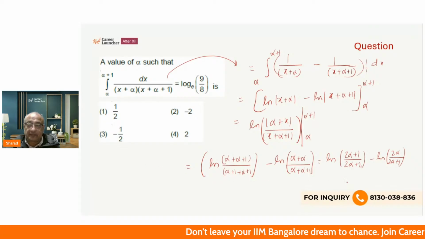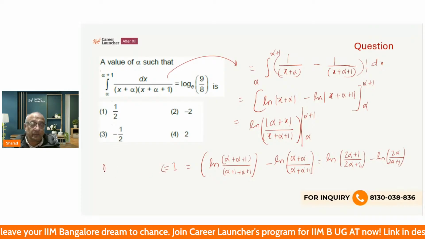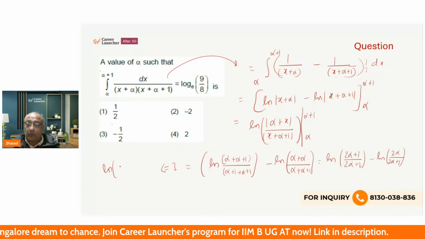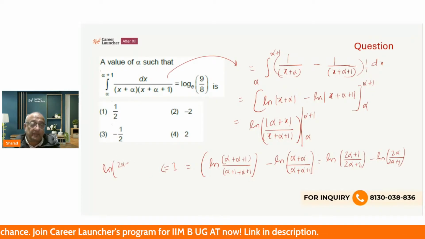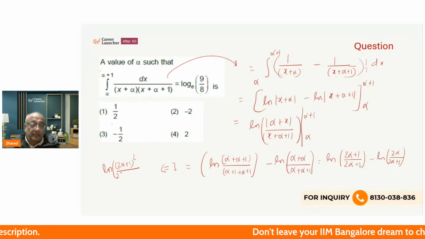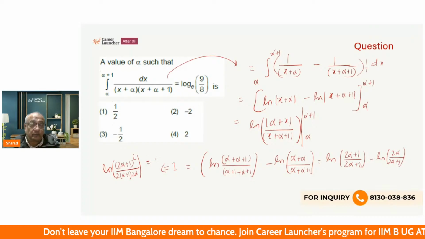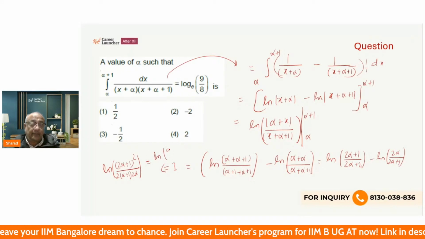If I solve it using the log property, I will get I equal to ln of (2 alpha plus 1) whole square over, and I'll get this value over here, children, which is 2 times (alpha plus 1), which is 2 alpha, into 2 alpha, right? And this is equal to log 9 by 8.